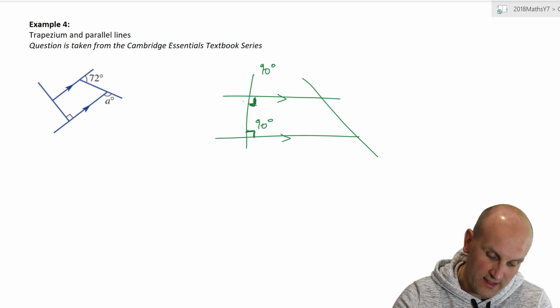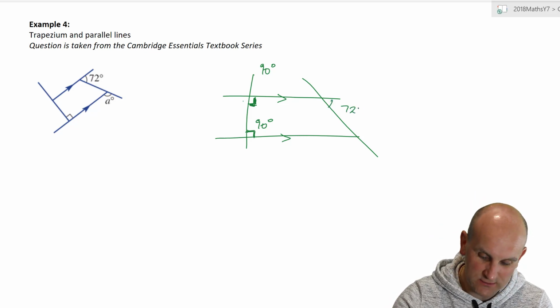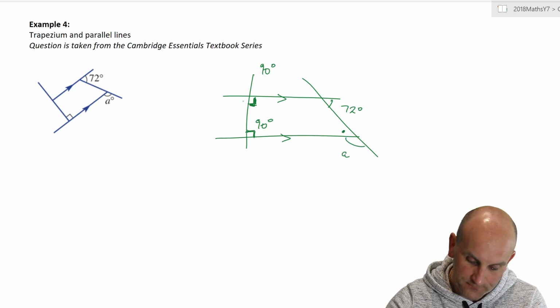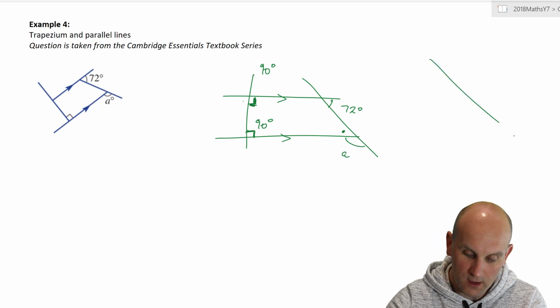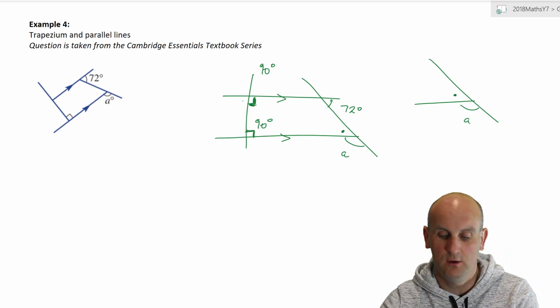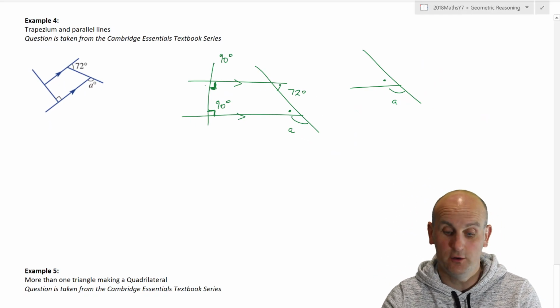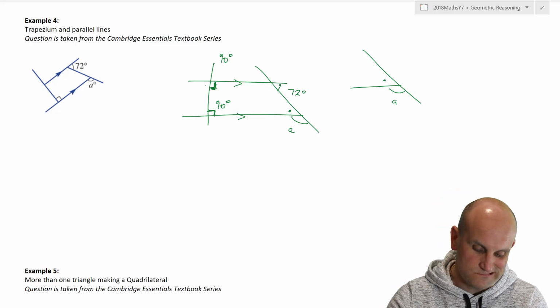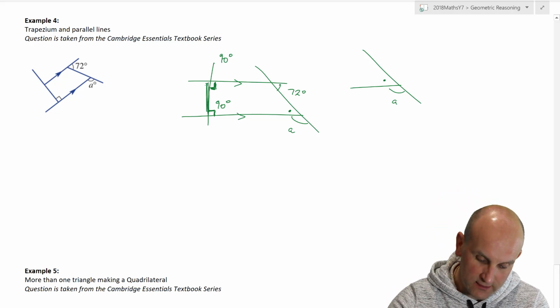I know that this angle here is 72 degrees, and it wants me to find this angle here. Well, I happen to know that that angle there and that dot are on a straight line. Oh, I should cocoa. So if I can find the value of my dot, then I can find my value of A. But here is a quadrilateral.